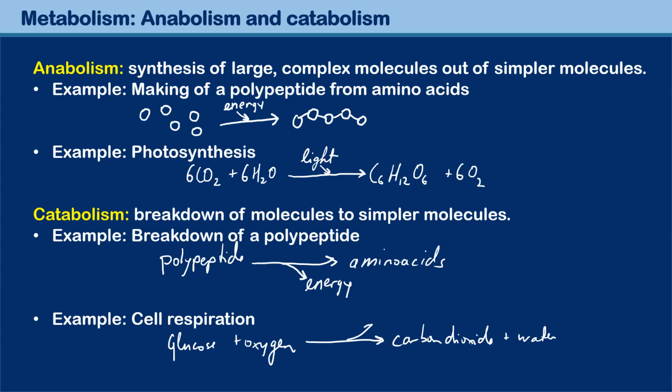And of course, this releases energy in the form of ATP. Cell respiration is not just photosynthesis running backwards, of course, but the reactants and the products are exchanged. The idea is again that you have a larger molecule over here, and it's broken down into smaller molecules. And when substances are broken down, then energy is released.